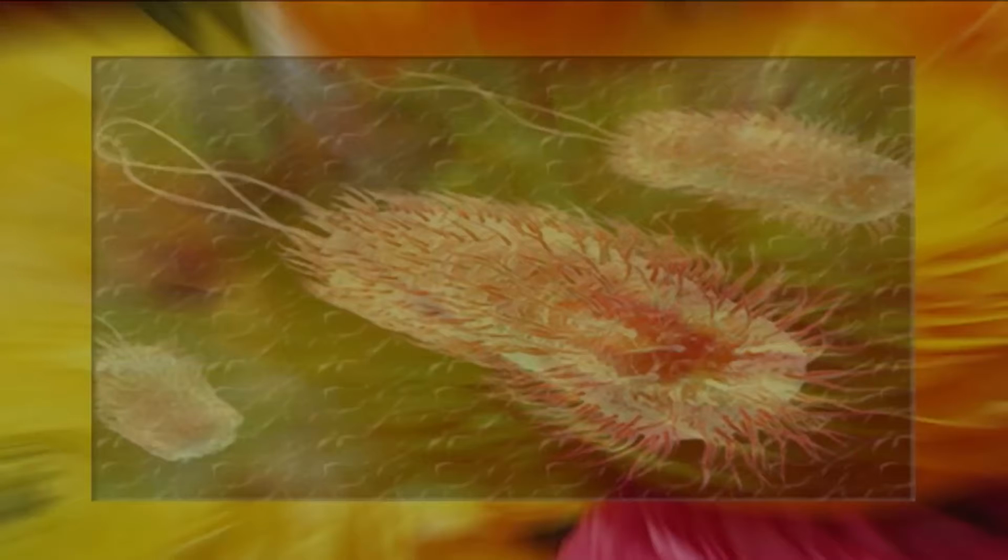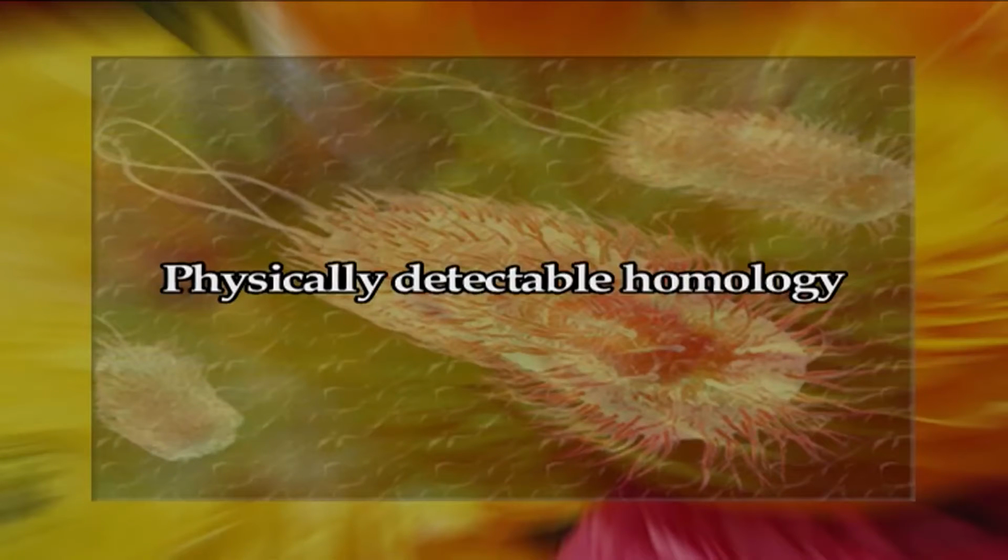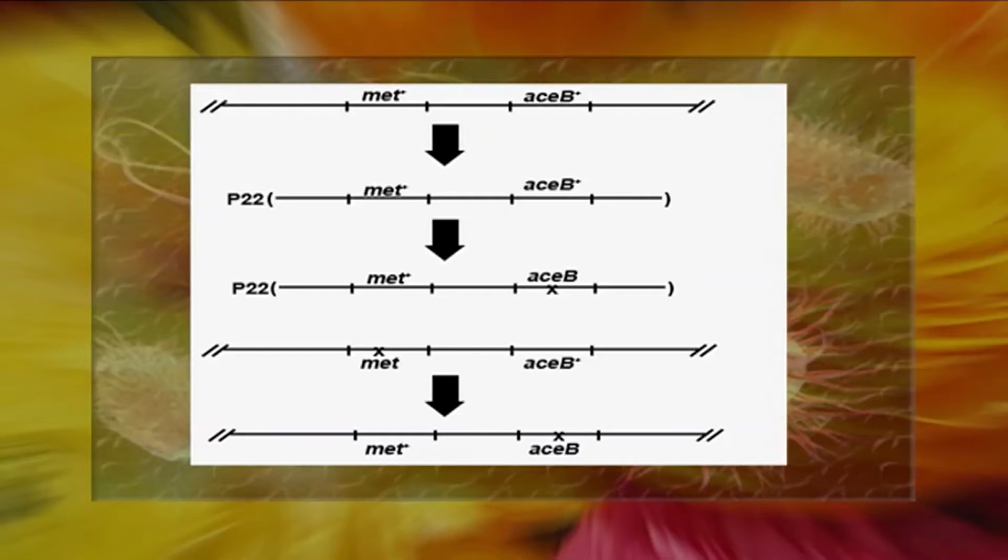Number 6, physically detectable homology. When a transposon is used to generate a mutant, the mutated region can be physically isolated using probes for the transposon sequence.